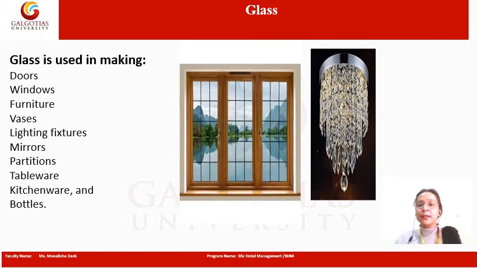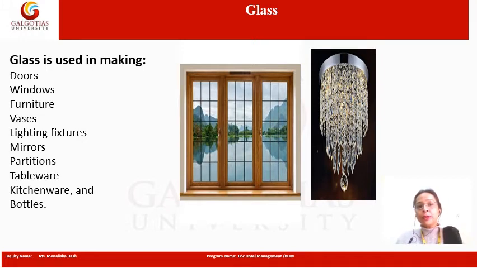Now you can see in the picture, the chandelier is there, right? That chandelier is made out of glass. In the housekeeping department, the chandelier cleaning is carried out by the housekeeping people only. Sometimes it is outsourced or sometimes it is managed by the housekeeping department itself only.